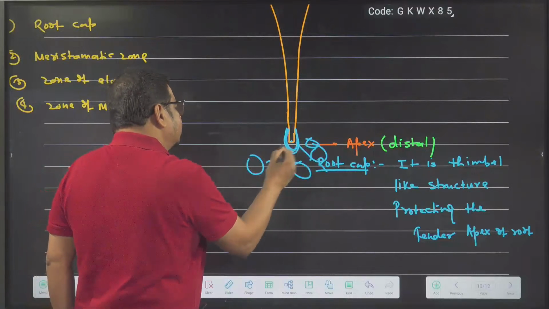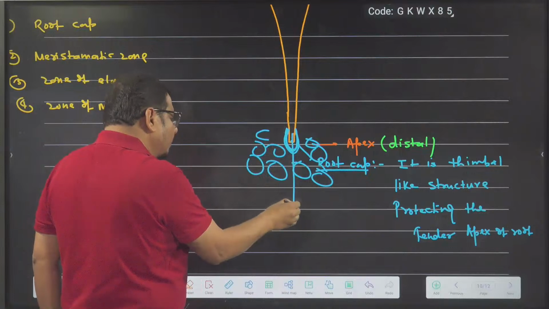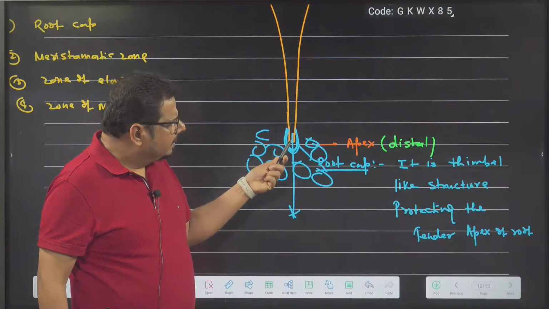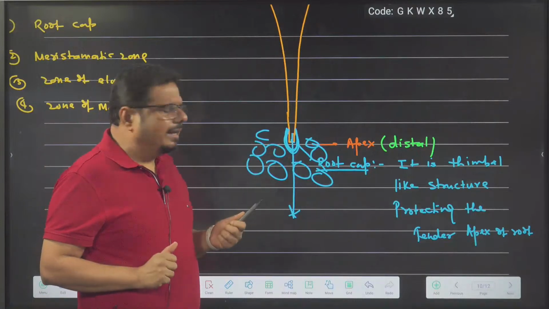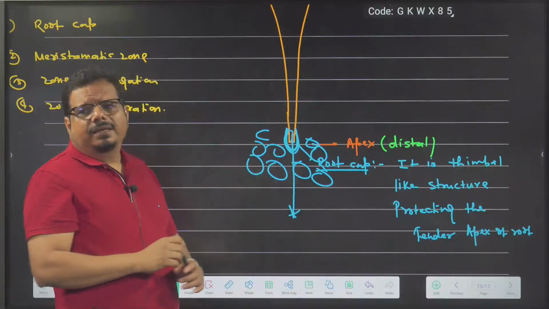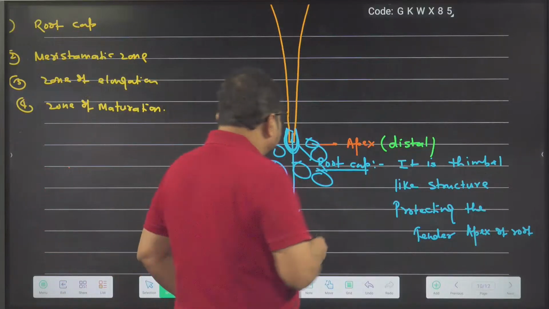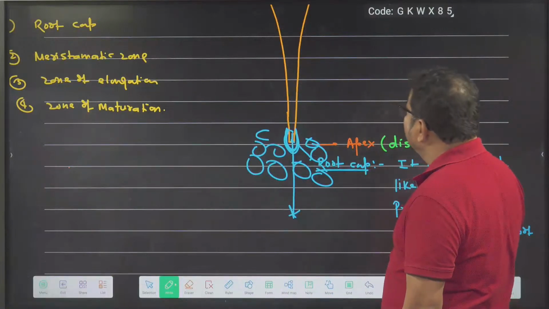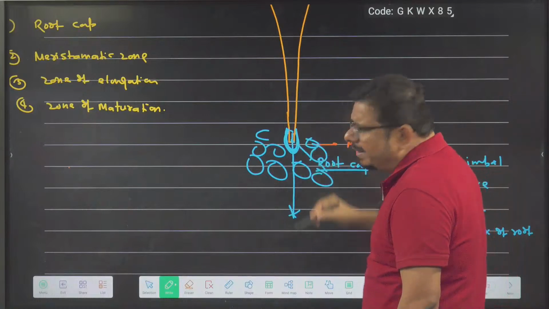So this region is going to penetrate the soil, and this tip, the terminal end, is very delicate, and if it grows in hard soil, it will be damaged. So to protect this delicate apical part of the root, there is a cap-like structure. They call it thimble. What is thimble?